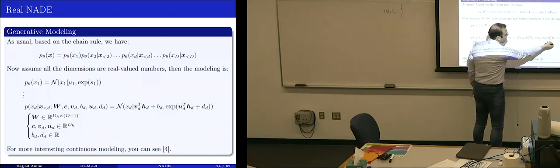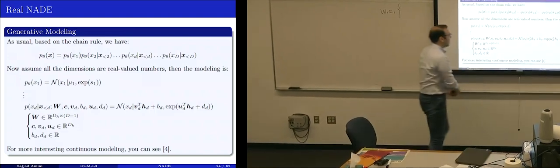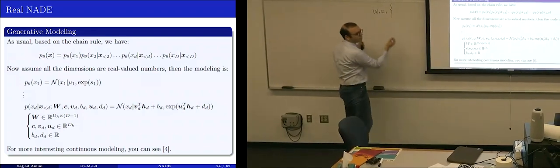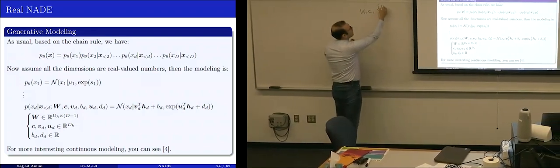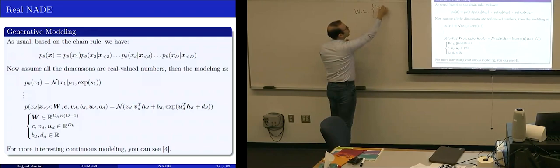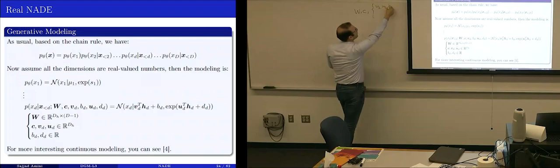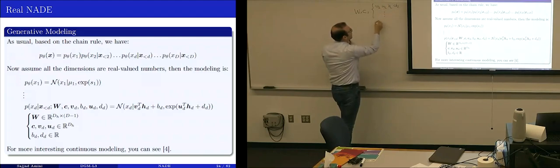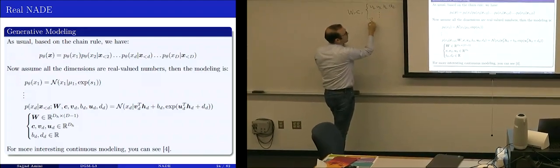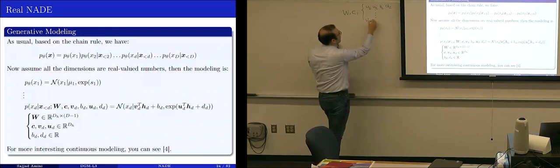This is for mean, this is for variance, so you have two different vectors. So I have V2, U2, the bias are also changed, B2 and B2. These are used for the second, and until the end you have VD, you have UD, you have BD.